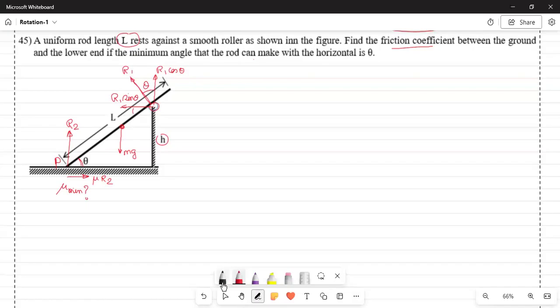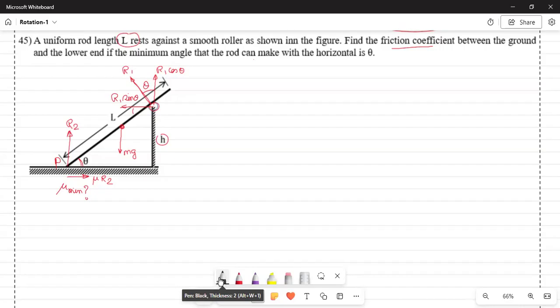Once we have identified all the forces, then I once again repeat to you, to solve this kind of problems, you have to take that object as a free body, then equate the vertical forces, upward equal to downward, equate the horizontal forces, leftward equal to rightward, and then equate the torques.